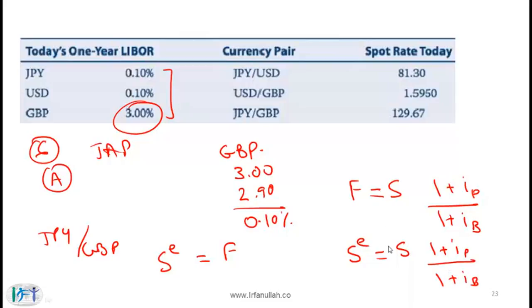So exact same formula. And as I have said several times, in all these calculations, you need to be very clear about the base currency and the price currency. Given the convention used in the curriculum, the base currency is always the currency that's in the denominator. So hopefully you have understood this material.